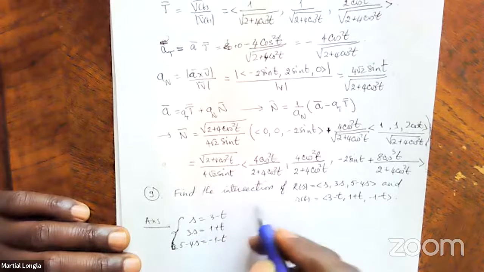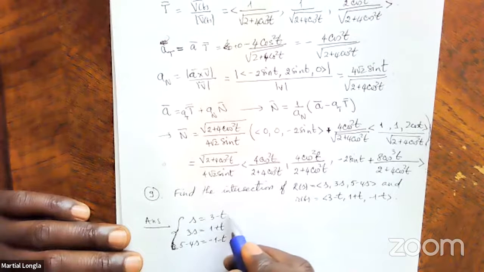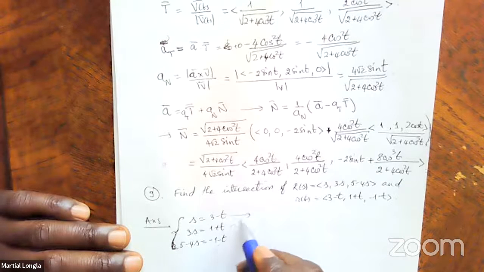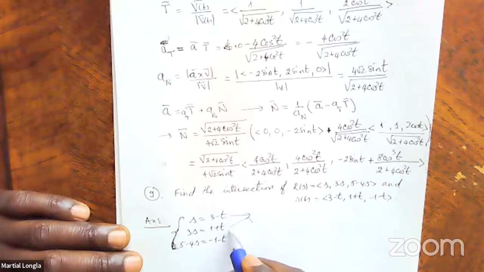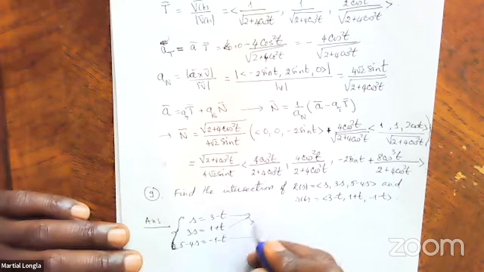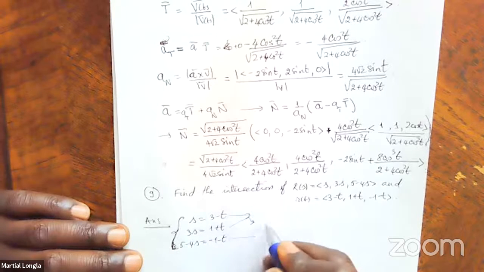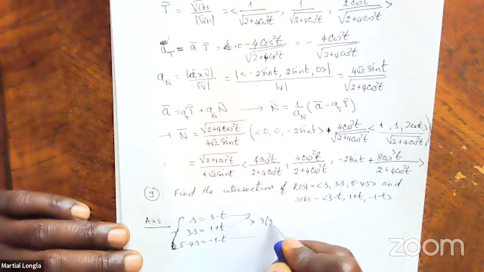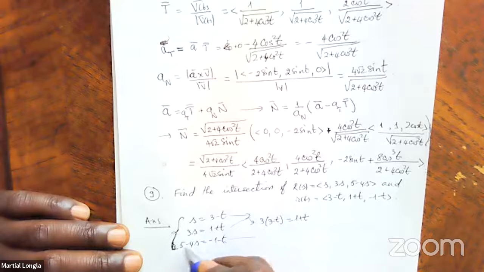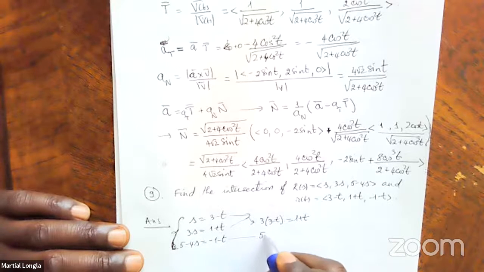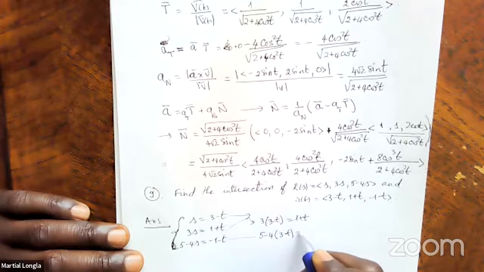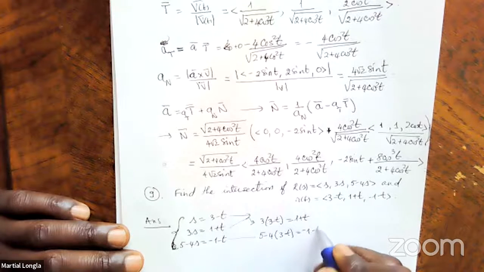So what I suggested was take that first equation, plug it into the second, and then plug it into the third. When I plug into the second, what I get is 3 times 3 minus t equals 1 plus t. When I plug into the third, that's 5 minus 4 times 3 minus t equals minus 1 minus t.